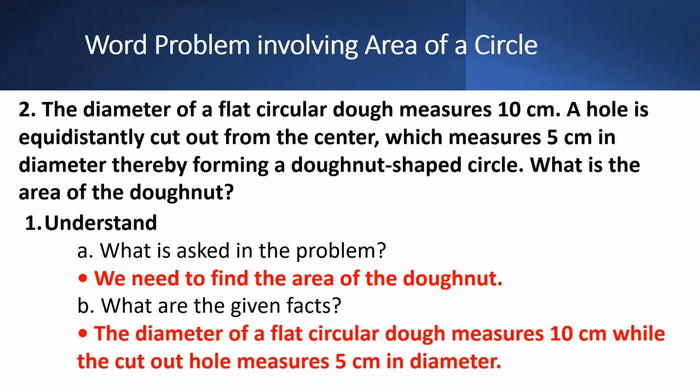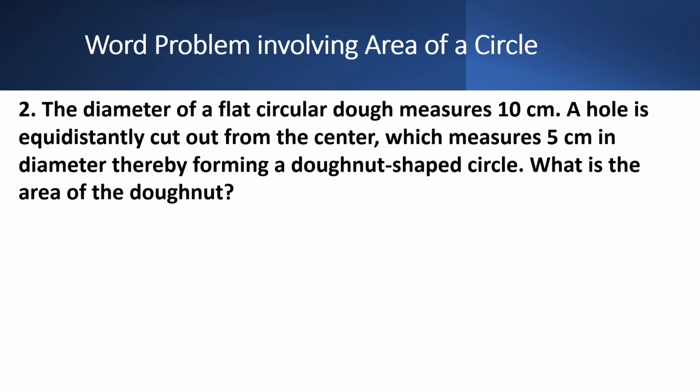So meron na tayong dalawang givens. So ngayon, naintindihan na natin yung problem, di ba? Okay? Kailangan din malaman yung area ng donut, no? Kasi meron tayong flat circular dough pero binutasan sa gitna. Of course, hindi na yun kasali sa kanyang area kasi may binutasan nga, naging donut na.